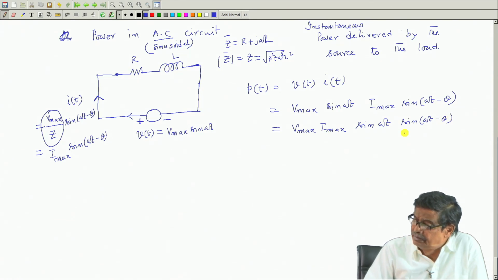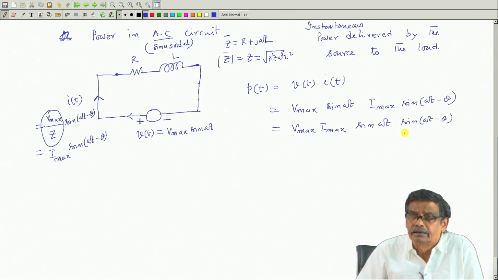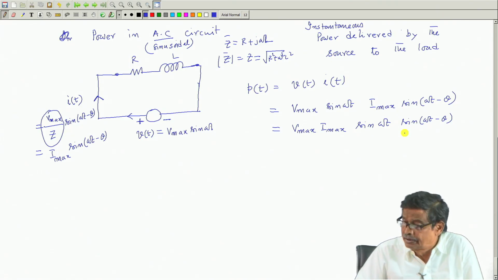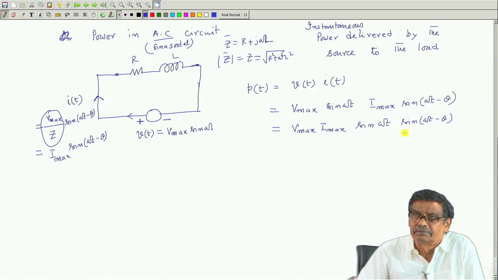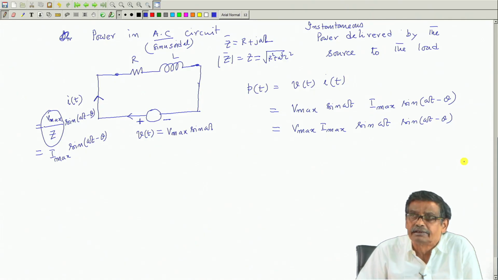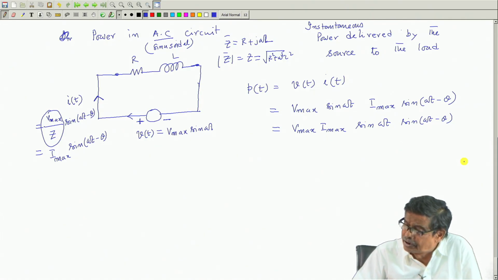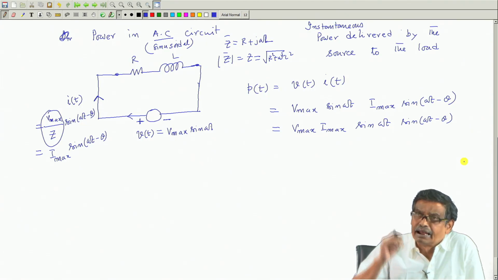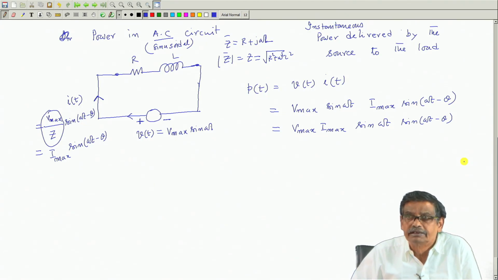You see, you are multiplying two sine terms. Sine can vary, it can have magnitude between -1 to +1, and both terms will not reach the same value simultaneously. So, sometimes this product will be positive, indicating that at that instant power is absorbed by the circuit.